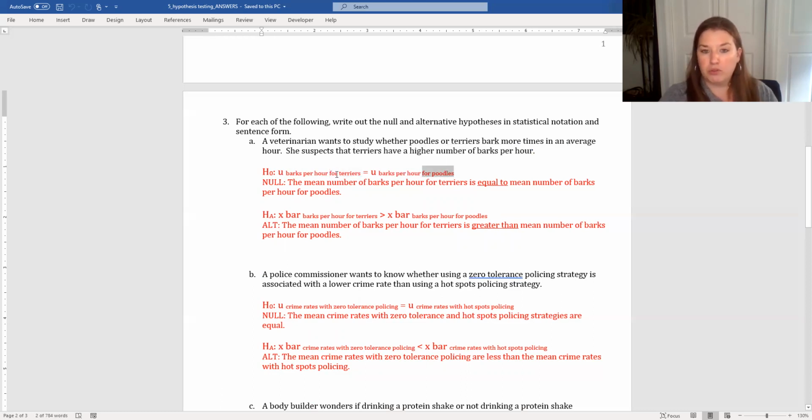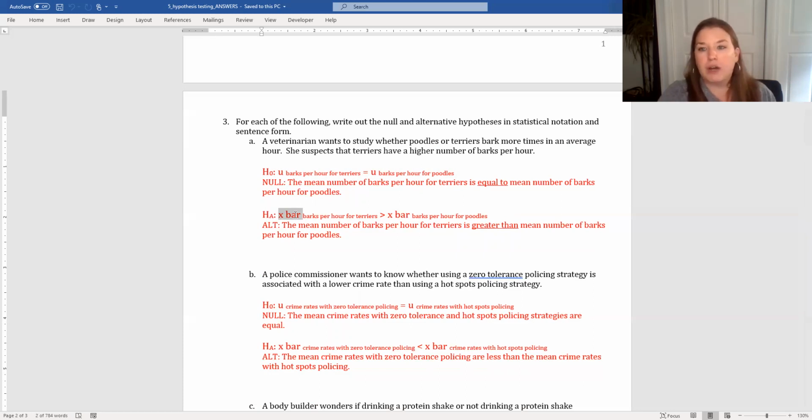Terriers and poodles. Once you have it set up as the statistical notation, then it's kind of easy to read that as a sentence, right? That the mean number of barks per hour for terriers is equal to the mean number of barks per hour for poodles.